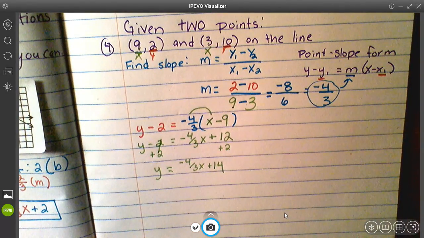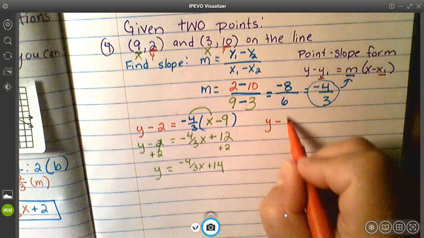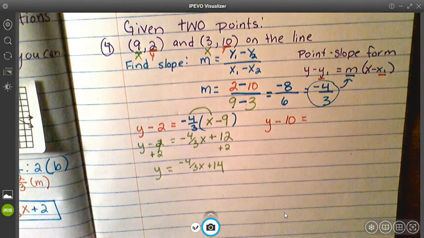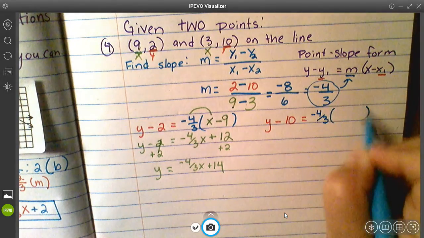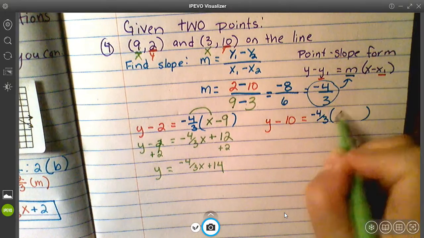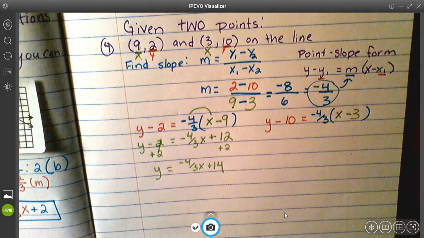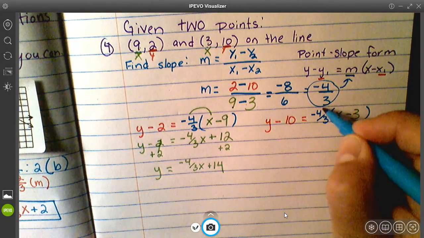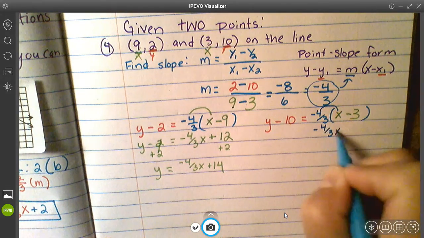Okay, let's see what happens if we use the other point. So y minus 10 equals, again, my slope is negative 4/3 times x minus 3. All right, let's see what happens here. So I will distribute, and I get negative 4/3 x.